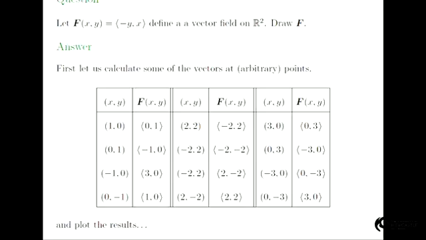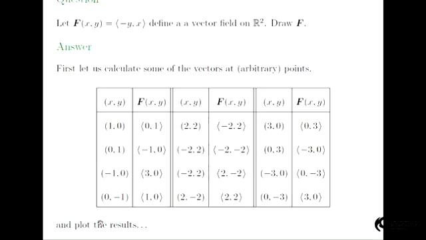So let's calculate some of these vectors. What is f evaluated at 1, 0? Well, 0, 1. I'm not going to go through each of these, but what is f evaluated at minus 2, 2? It is minus 2, minus 2. Switch them and negate the first.